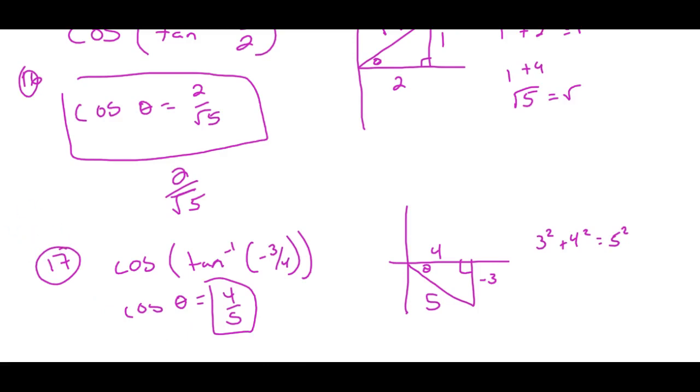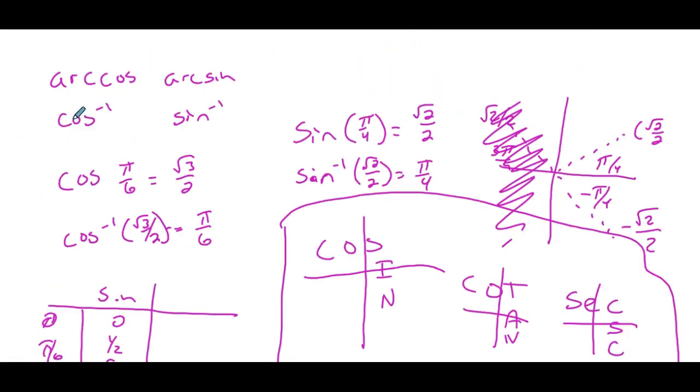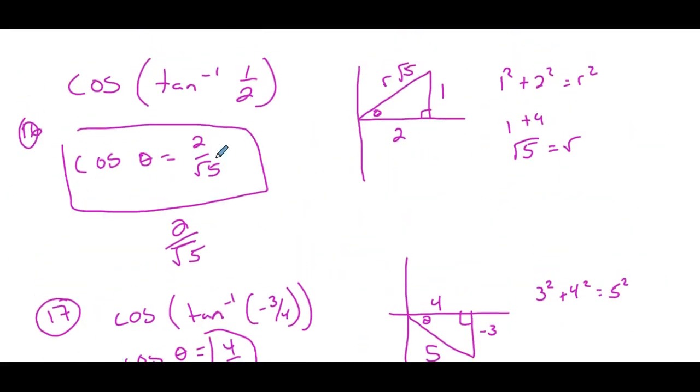Right? So when they're not giving you those special angles, you're going to have to draw right triangles and work your way backward from there. So again, don't worry too much about the notation, the difference between writing arc cosine or arc sine or cosine to the -1. It's all just reciprocals. And then don't worry about finding what these actual angle measures are, right?